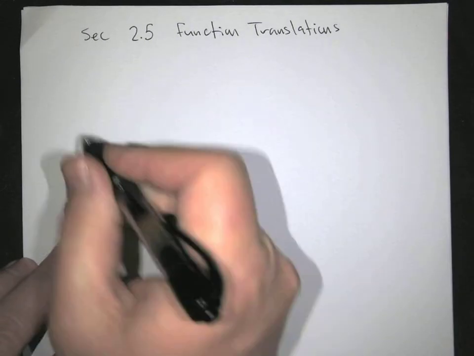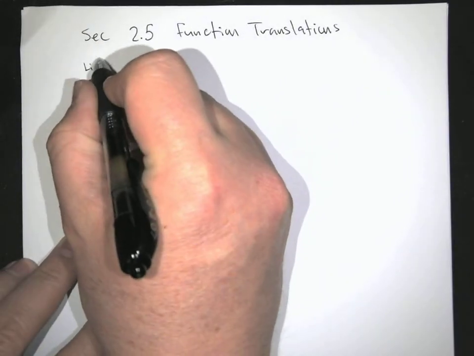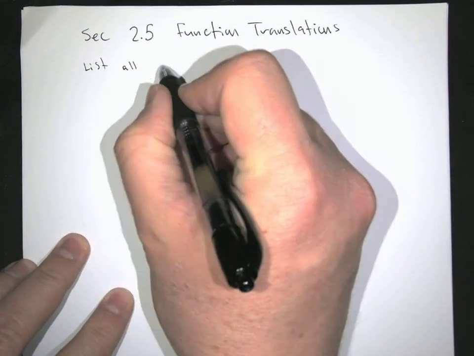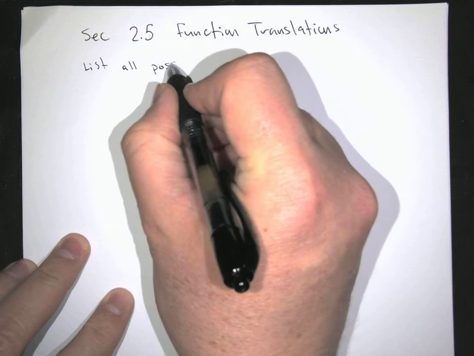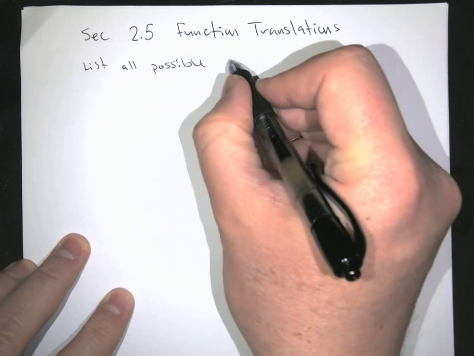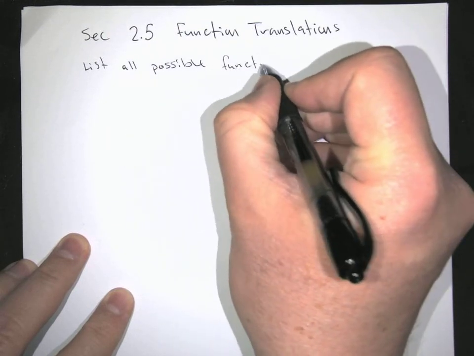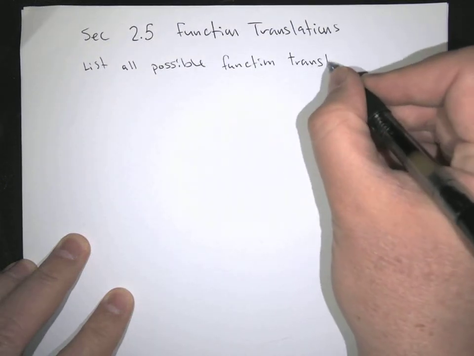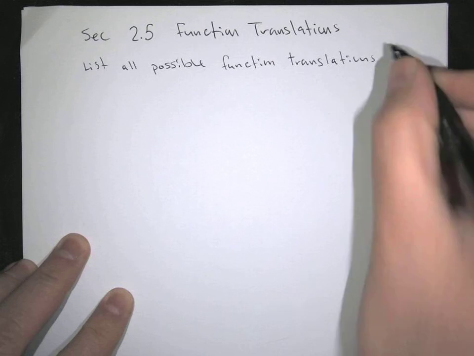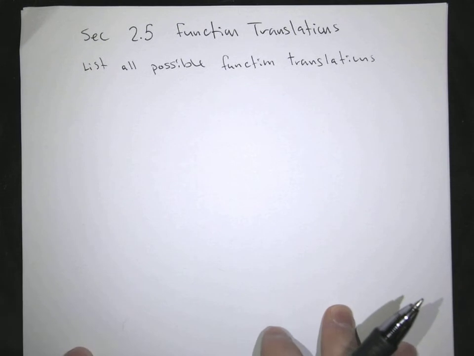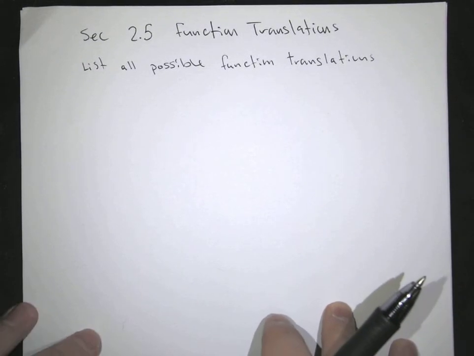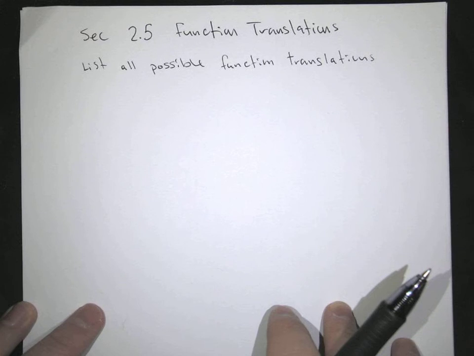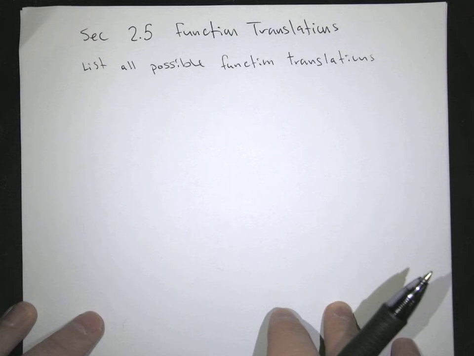So what I want to do first is list all of our possible function translations. I'm going to make a master list, and rather than do one or two at a time, we're just going to make a master list of all of them, and then we'll look through some examples that do each of these different moves.